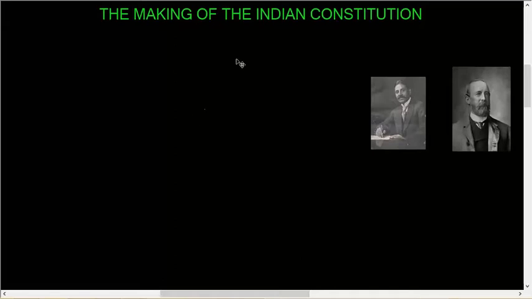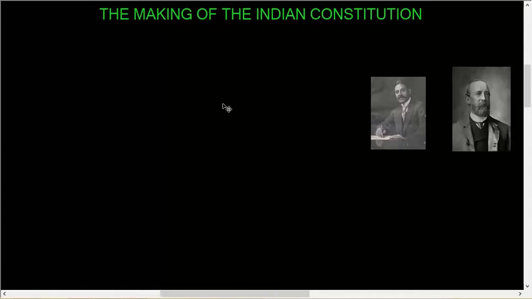At the end of '45, in the winter, there were elections for India's provincial legislatures. These legislators elected the members of the Constituent Assembly, and the Constituent Assembly, with the drafting committee, drafted our Constitution.